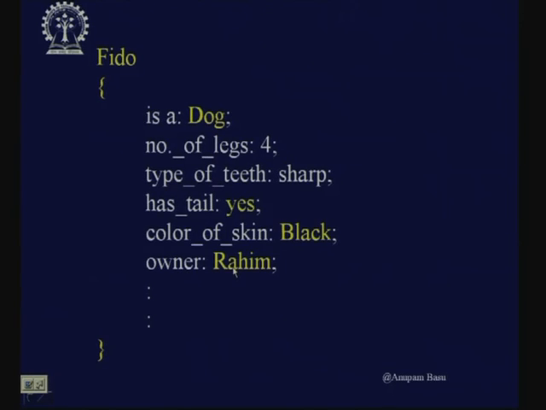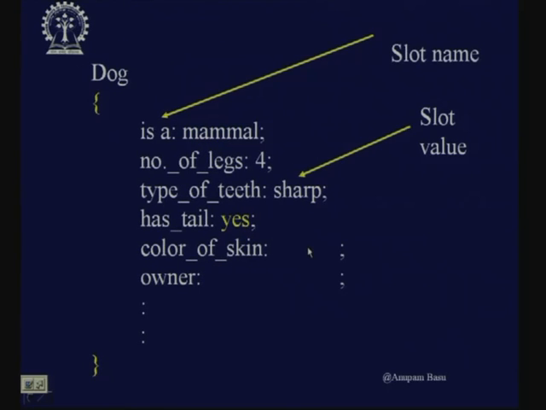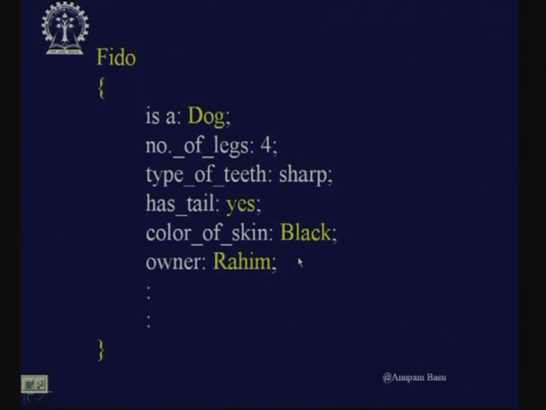Dog is a concept and dog is a mammal. All right. And dog had attributes like type of teeth, the value was sharp.